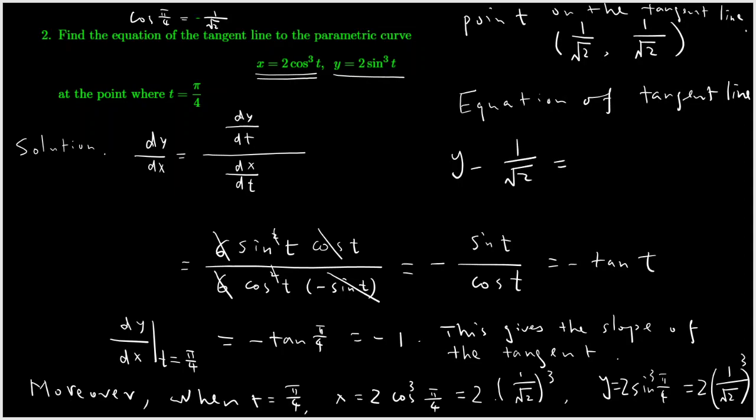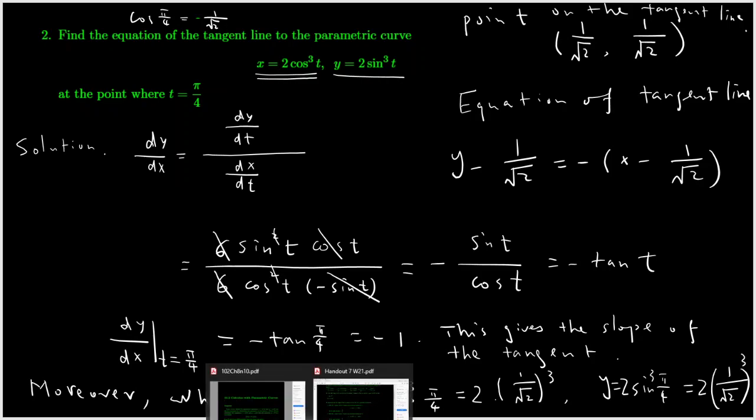The slope is -1, right? And then times x minus x coordinate of the point. That's the complete solution to the question. Okay. So we're done with question 2.